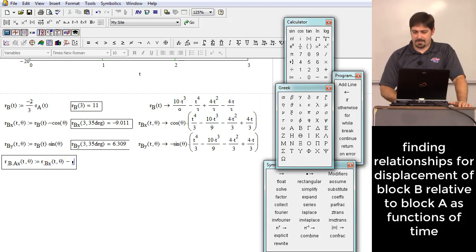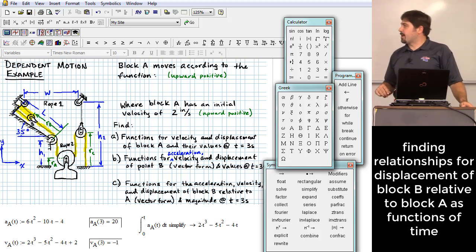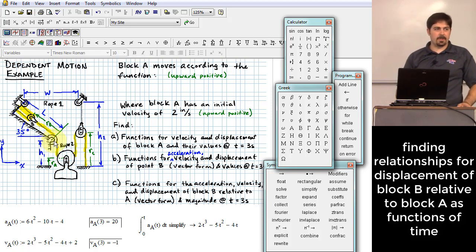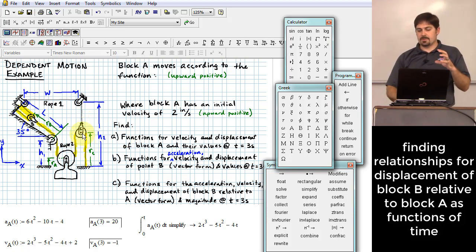Well, let me ask you this. Based on the picture that we had up here, does block A move in the x direction at all? All right. I would say not. The reason I say not is that we have this weight that hangs down. This pulley over here is fixed in place. It's just staying there. Pulley C, there's no influences that make pulley C want to move anywhere but just straight up and down, right?